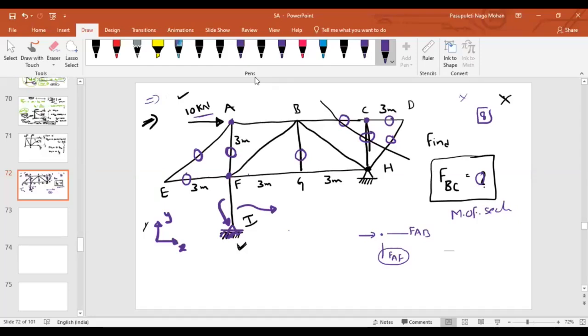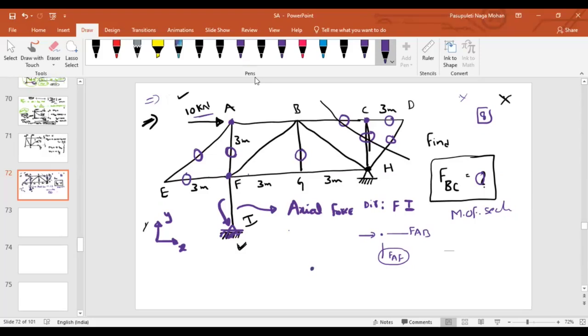What is the axial force direction in the member FI? Vertical or horizontal or inclined? Vertical, sir. Vertical, right?